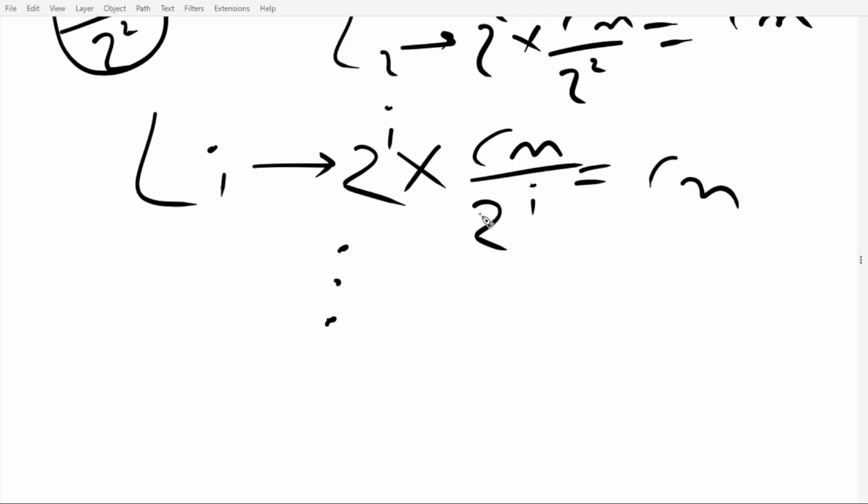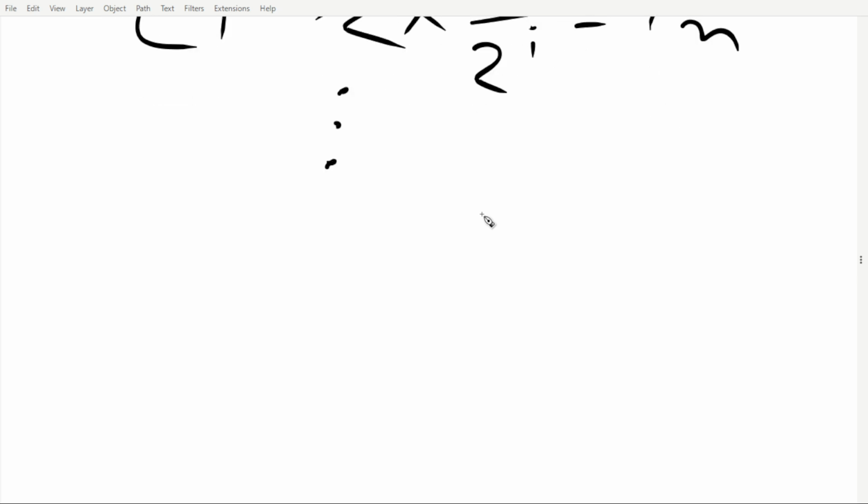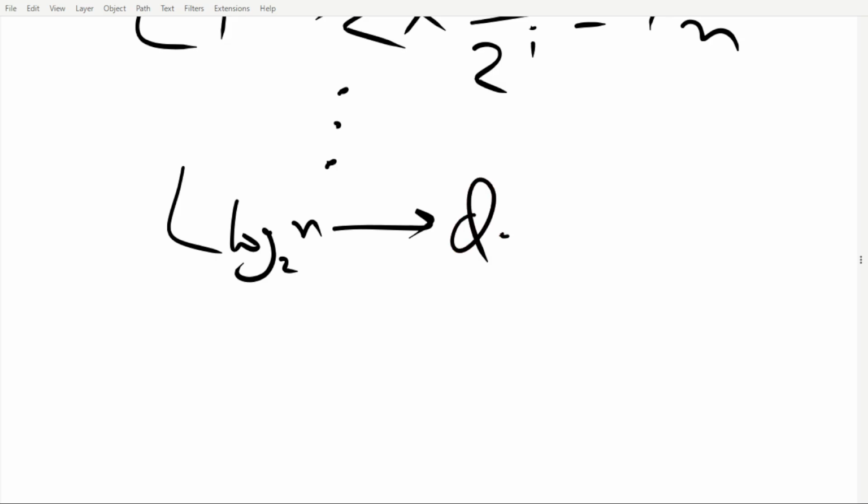So this continues up to just before the leaf nodes. At the leaf nodes it changes. For the leaf nodes at level log of n with base 2, the cost is d, and the number of subproblems is 2 to the power log of n with base 2. So we get dn.